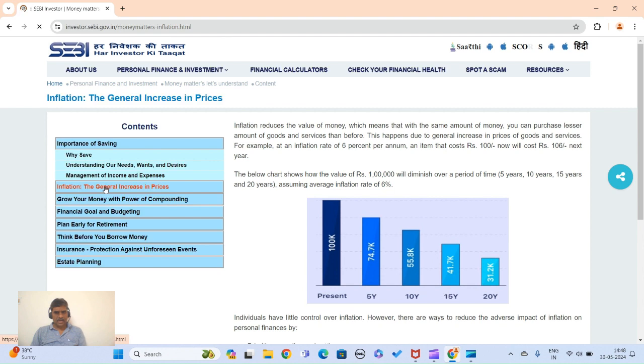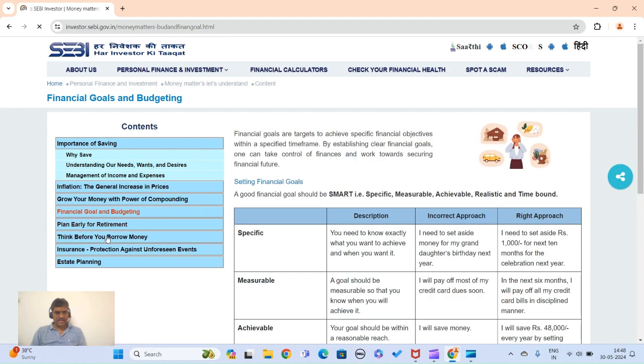Then there are financial goals, budgeting, and planning early for retirement, because gone are the days, in the 1950s, 60s, 70s, 80s, when most people got employed in the government sector and received substantial pensions.